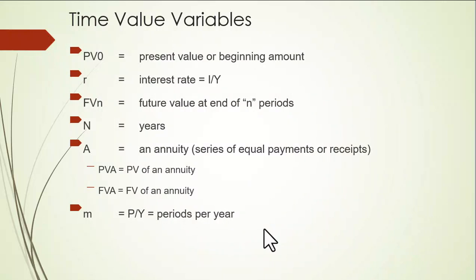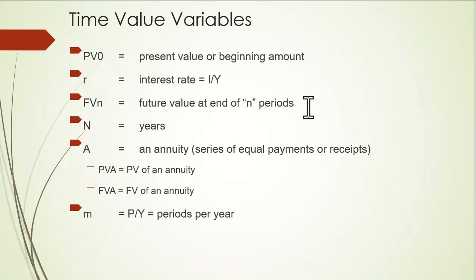The basic variables that you would find on a financial calculator or in Excel: PV0 is the beginning amount or the present value. R is the interest rate. Sometimes it will be I divided by Y. FVN is the future value at the end period.